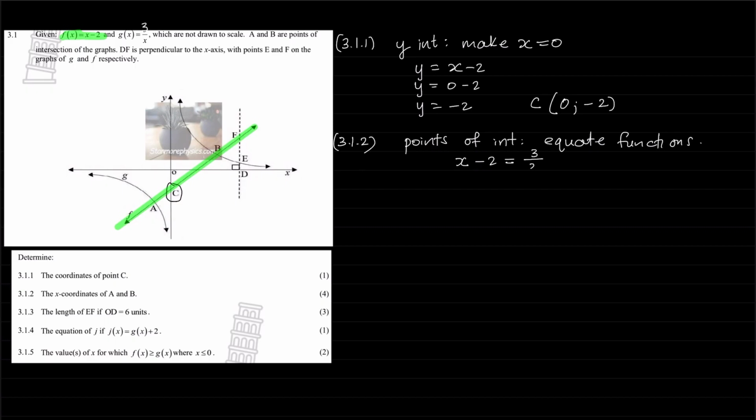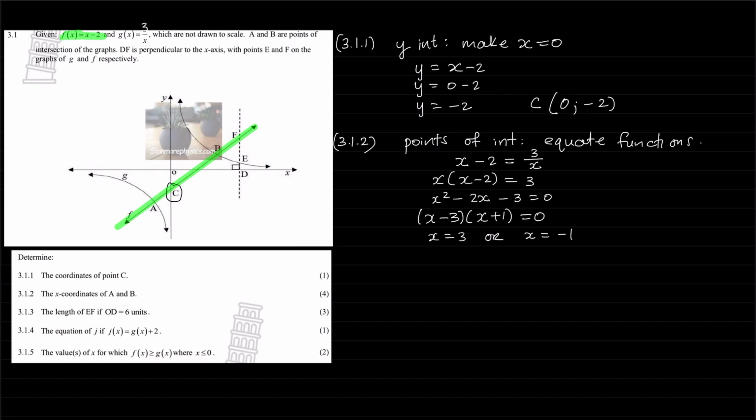Now what we can do is multiply by x on both sides. So x times x minus 2 equals 3. Now we expand: x squared minus 2x. Bring the 3 over, minus 3 is equal to 0. Now we factorize: x minus 3, x plus 1 equals 0. That means x is equal to 3 or x equals negative 1.